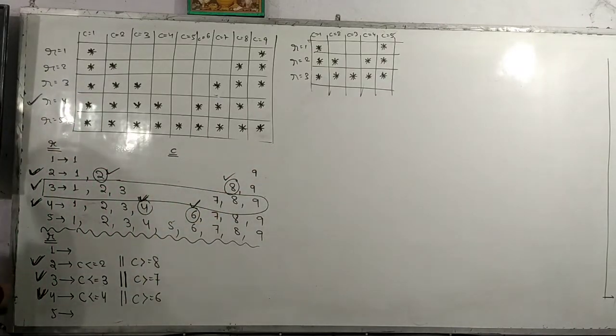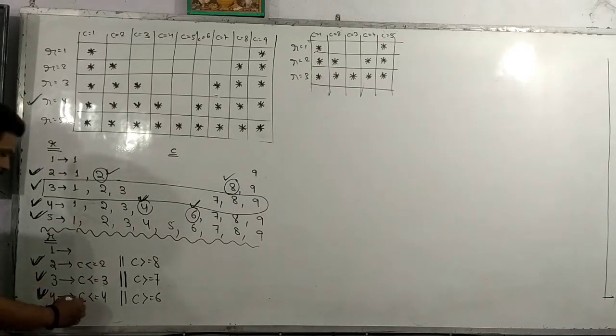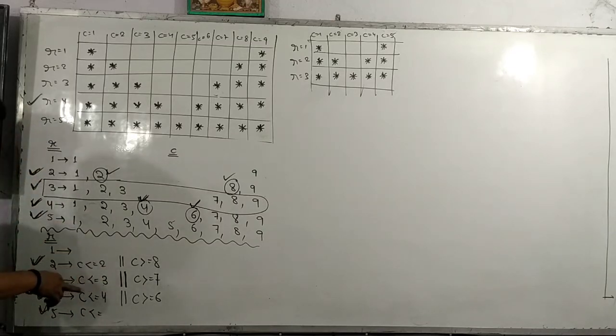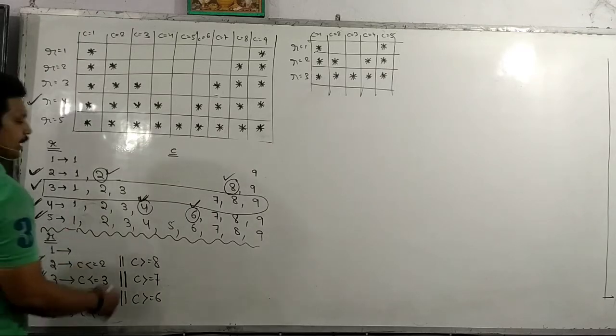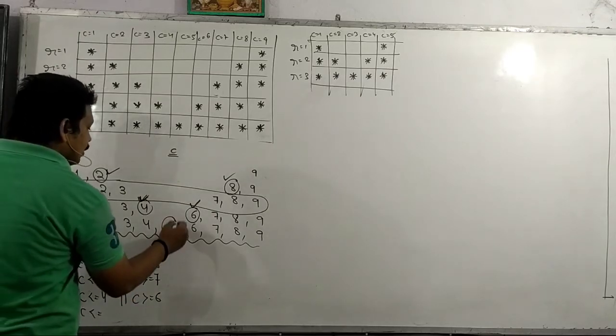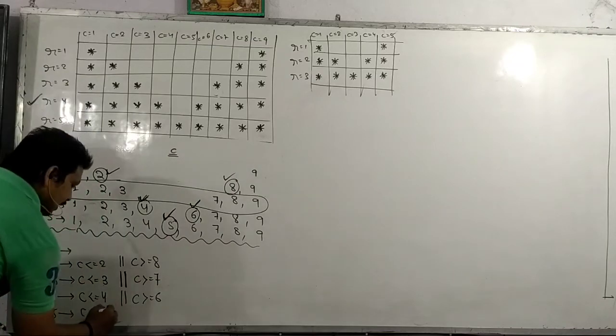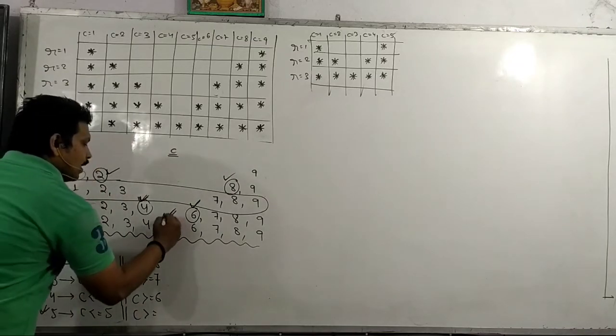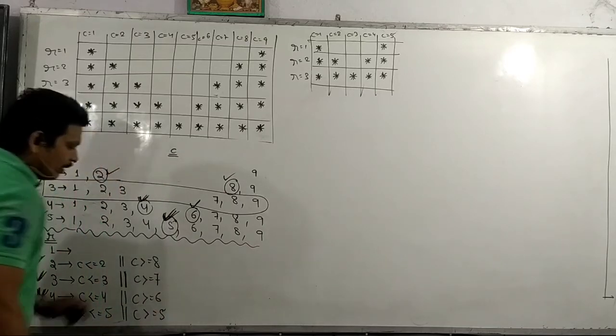When r is equal to 5, C value is, see the structure, C less than equal to, common sense, apply the common sense. After 2 it is 3, after 3 it is 4. So we should write C less than equal to 5, logical or C greater than equal to 5 only. Apply common sense.